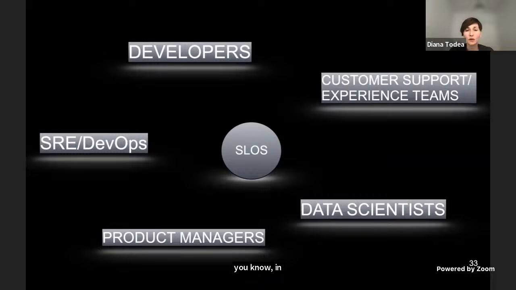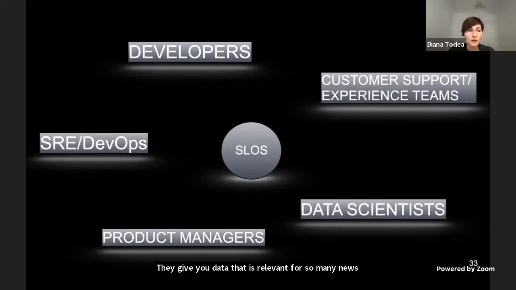You're not going to be the only one that will use those SLOs. You're going to have developers, DevOps engineers, data scientists, product managers, customer support looking at the same data, interacting with those SLOs because they are important. They give you data that is relevant for so many use cases.